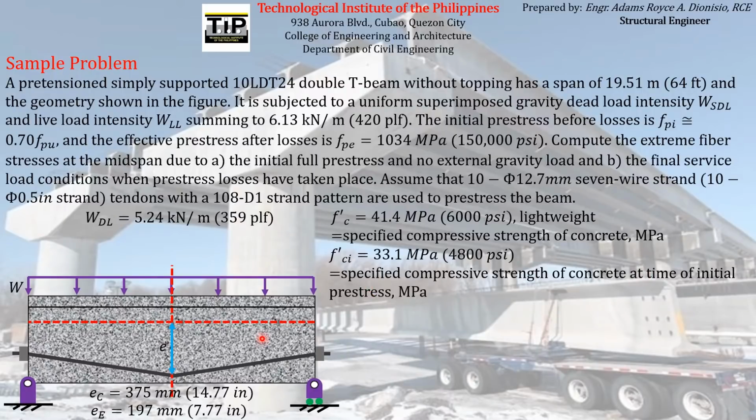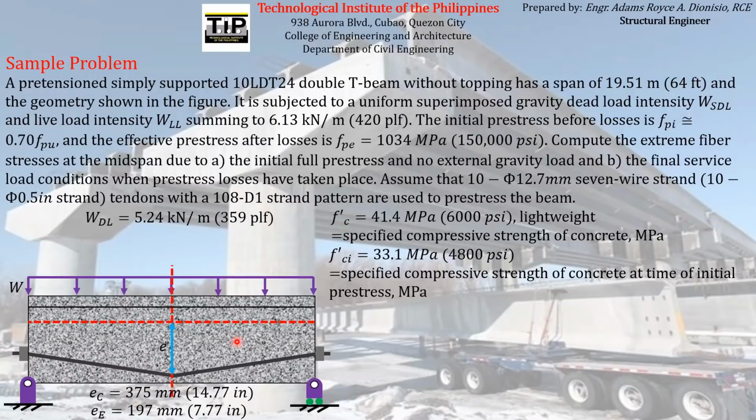So what do you mean by this specified compressive strength of concrete at time of initial pre-stress? If you can remember our discussion on the previous meetings, we have said that usually the pre-stress force acting on the pre-stressing reinforcement is transferred to the concrete element even before the concrete element attained its specified compressive strength FC prime.